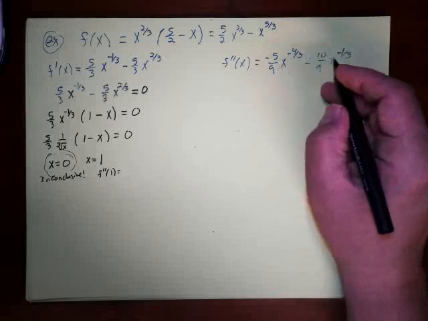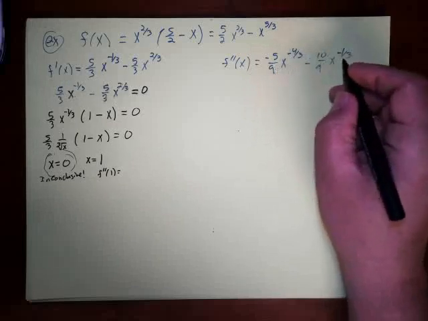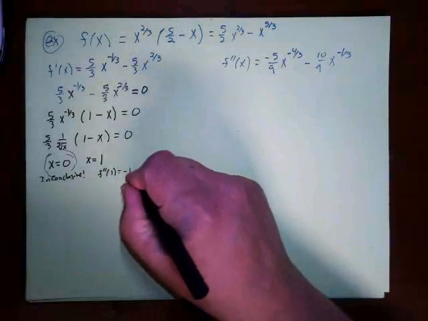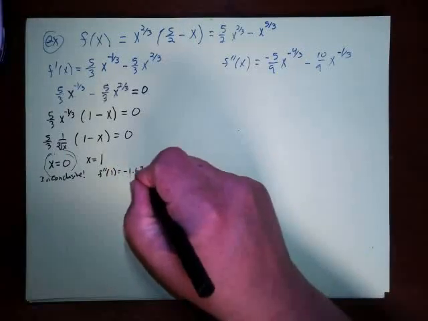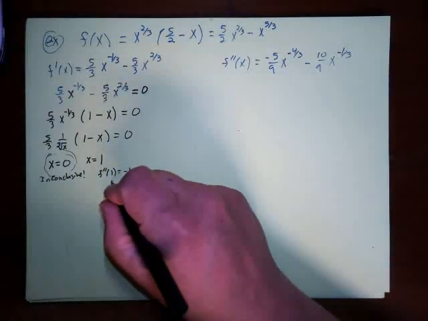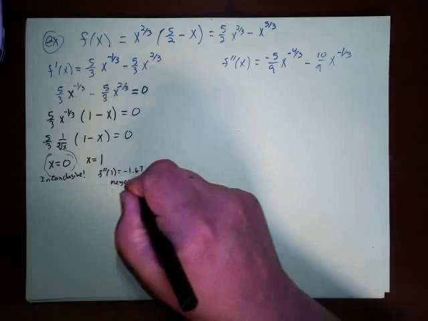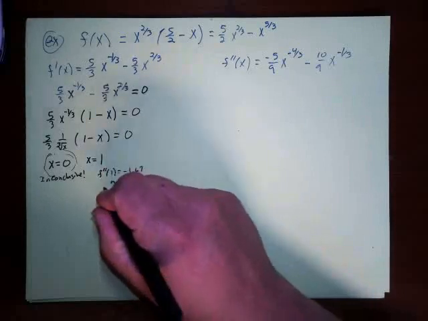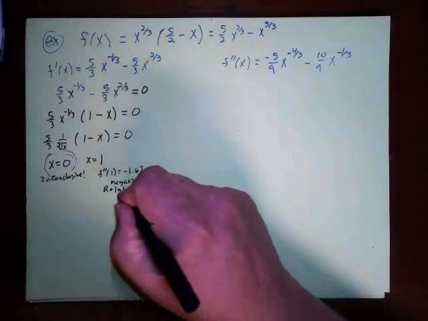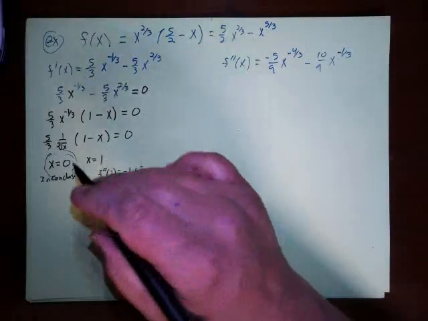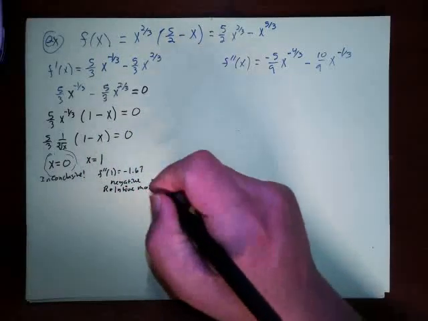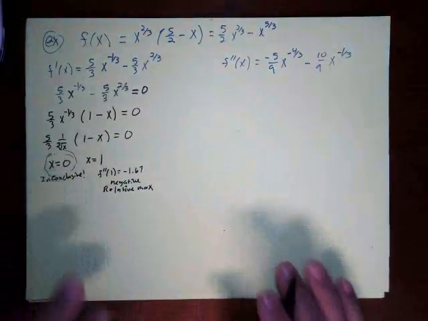So I'm just taking negative 5/9 minus negative 10/9, and you actually get negative 1.67 is what I got. So I put it in the calculator. But the point here is it's negative, and so we got a relative max here. Negative means it's concave down, and if you're concave down at a critical point, you're a relative max. Okay? So this one is still inconclusive.